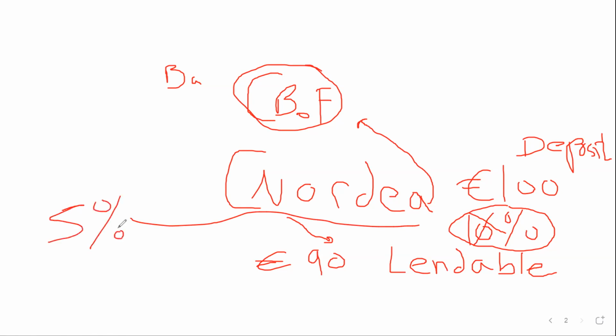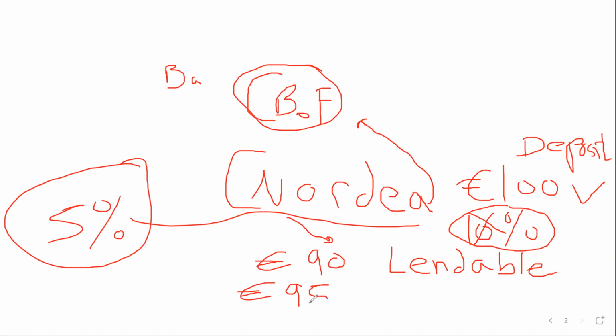Now, if somebody deposits 100 euros with Nordea, Nordea keeps 5% as a reserve, and the remaining 95 euros are lendable, which means that the banks are able to create more money supply by lowering the margin requirement.